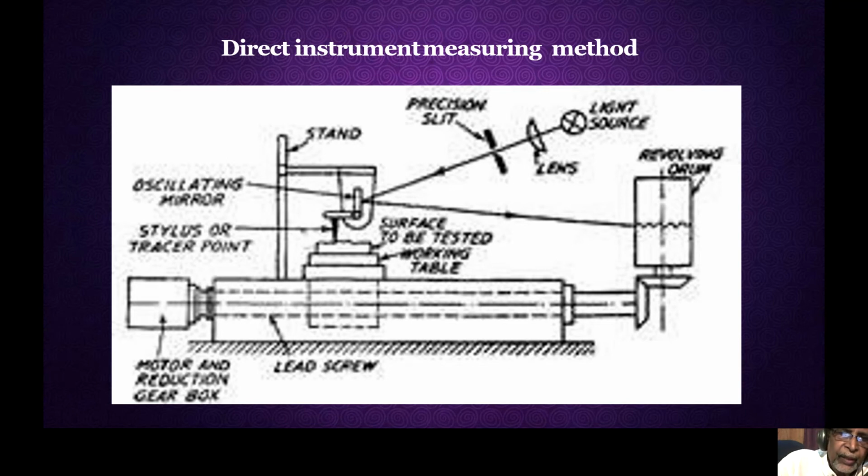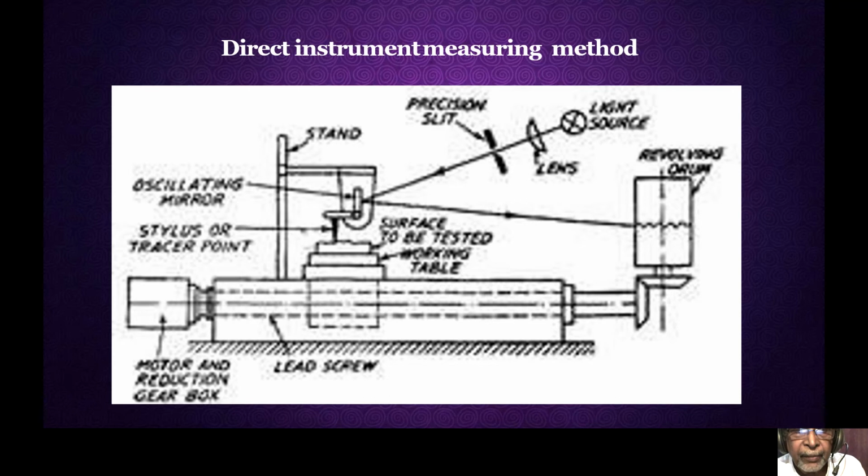So when the light from the light source passes from here and comes over the mirror or the job, again this is reflected to the right side, and then at the end there is a revolving mirror.